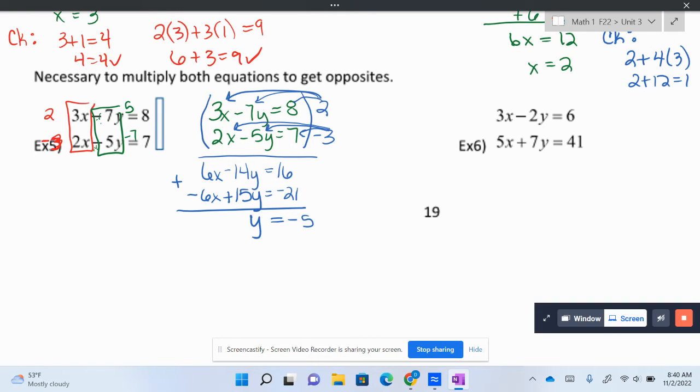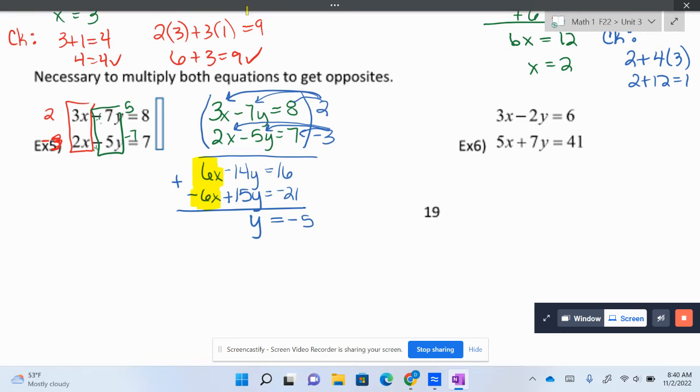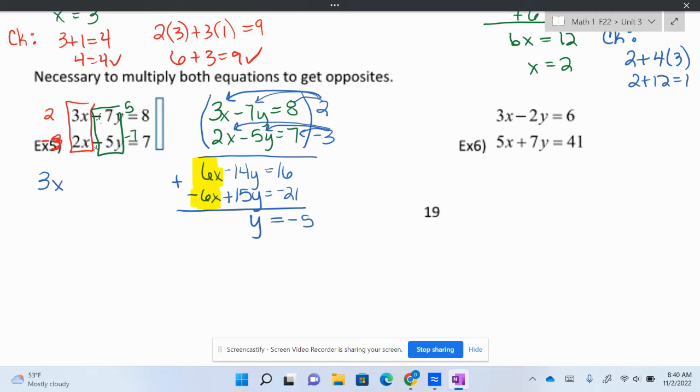My 6's cancel out, which is what we wanted. Positive 6, negative 6. Those go away. So I already know that y equals negative 5. I'm going to take that and plug it back into the first equation. 3x minus 7 times negative 5 equals 8. 3x plus a negative times a negative is a positive 35 equals 8.